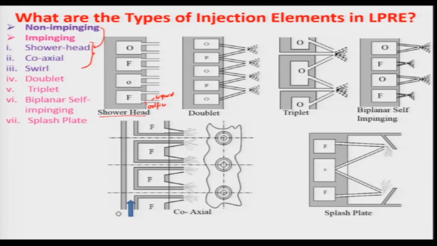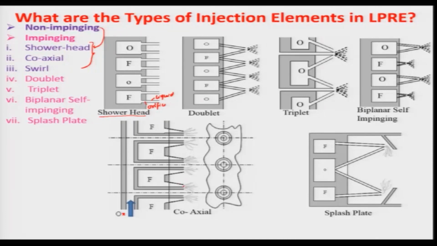Whereas if you look at the coaxial atomizer, in this case the oxygen will be passing through the central hole, and these two are fuel. The coaxial is being used very much particularly for cryogenic engines.